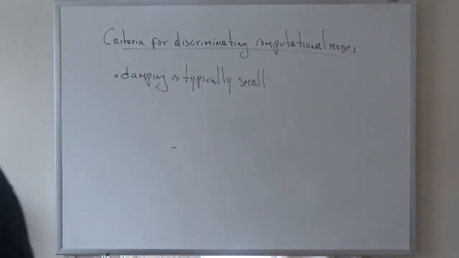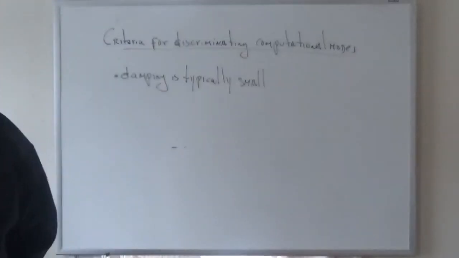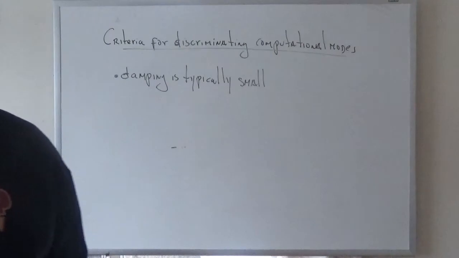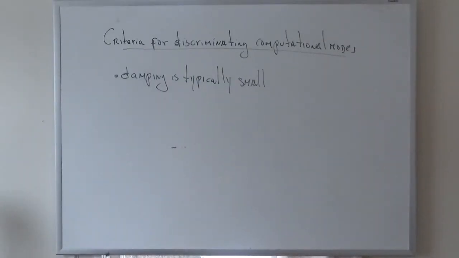So we do know that damping is typically small. That doesn't mean that it is impossible to conceive a situation where a structure you're looking at has high damping, meaning maybe something with 15% damping in some mode, but it is highly unlikely.